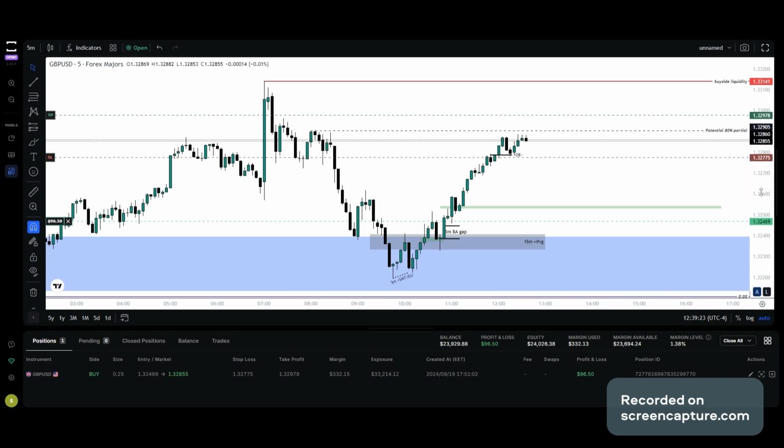If it does it sooner than that, I mean, that can happen. It'll just be engineering more buy side liquidity to take out later on in the day or later on some other session. But I don't really want to see it do that. It can do it, but not what I want to see happen.